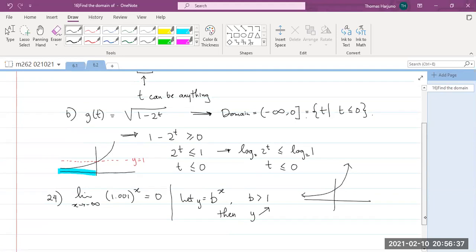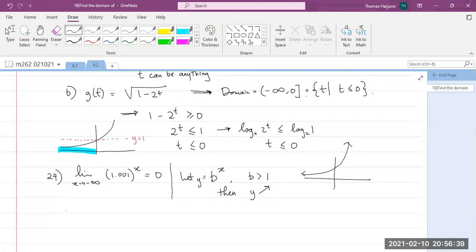That's for number 24. Let's do an easier question, harder question. Number 28, for example.